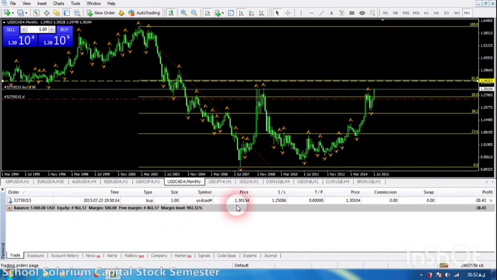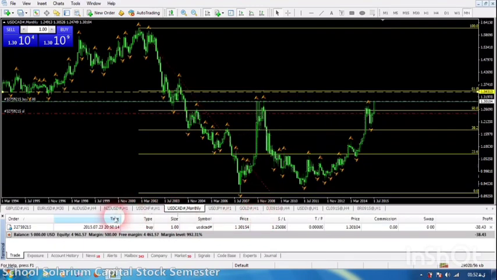As you can see, my order was opened with a lot size of 1, and my stop loss is this 1.25086. And I'm going to determine my take profit based on Fibonacci.